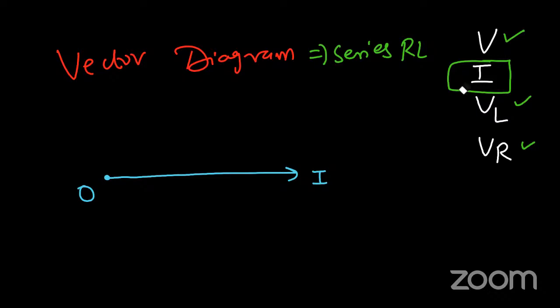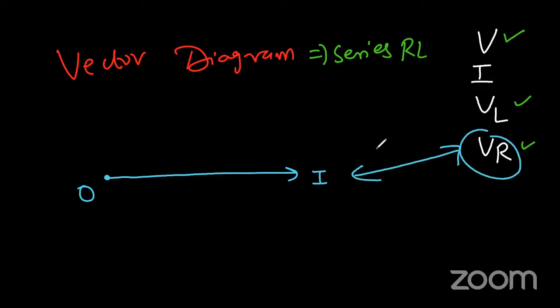Then उसके बाद, what is a VR? It's a voltage of resistor. Now in the resistor circuit, current and voltage क्या होते हैं? In phase. In the resistor circuit, voltage and current are in phase.